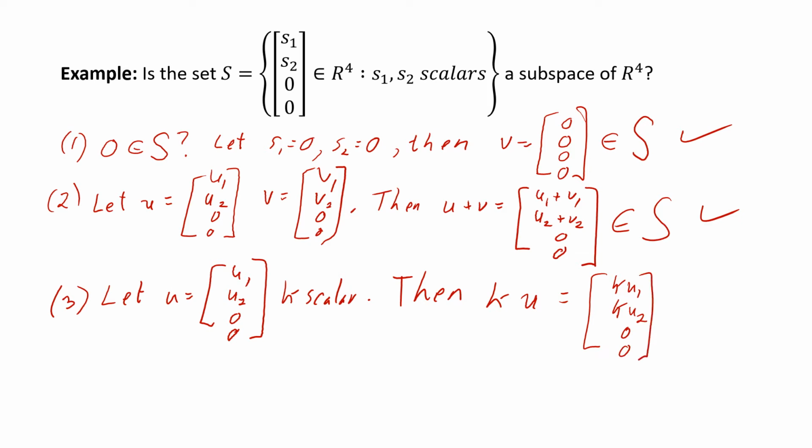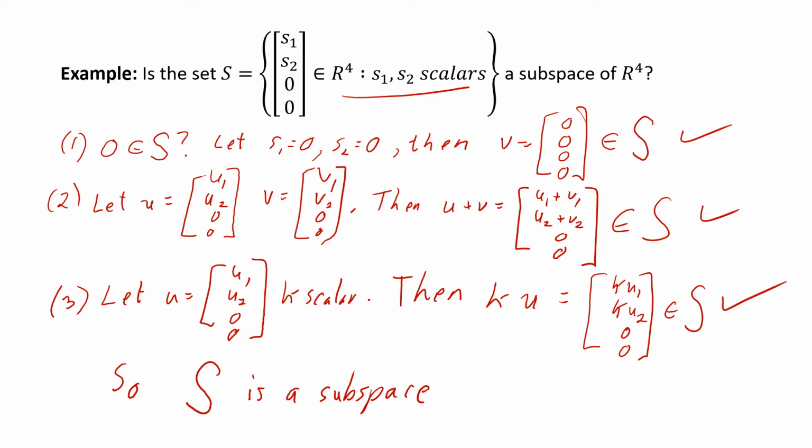Is that in S? Sure, it satisfies that condition. So that is also in S, so that condition holds. So our set S is a subspace. The set S defined in this way is a subspace. You can't get out of it by adding things together. You can't get out of it by doing multiplication. It's a subspace.